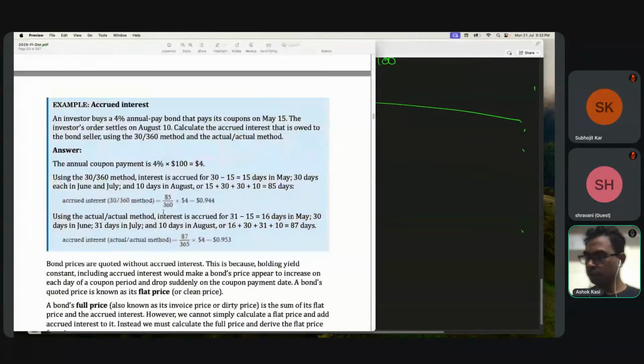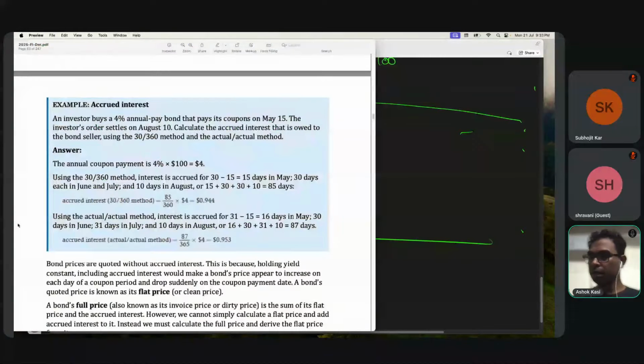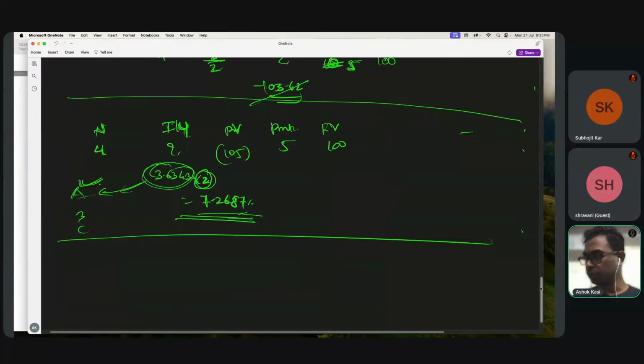Okay, now accrued interest, right? An investor buys a 4% annual pay bond, and it pays its coupon on 15th. So annually, every 15th it pays.